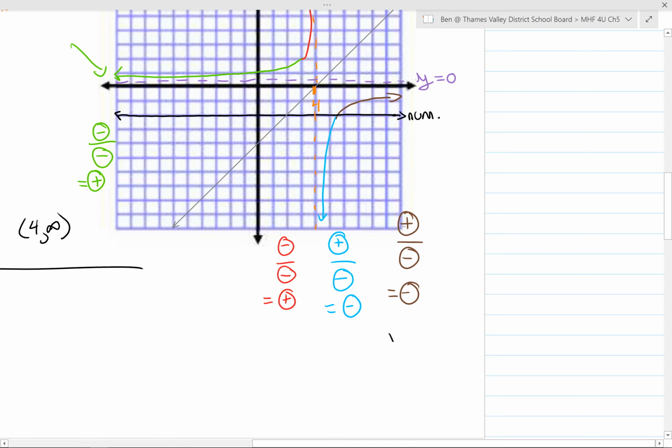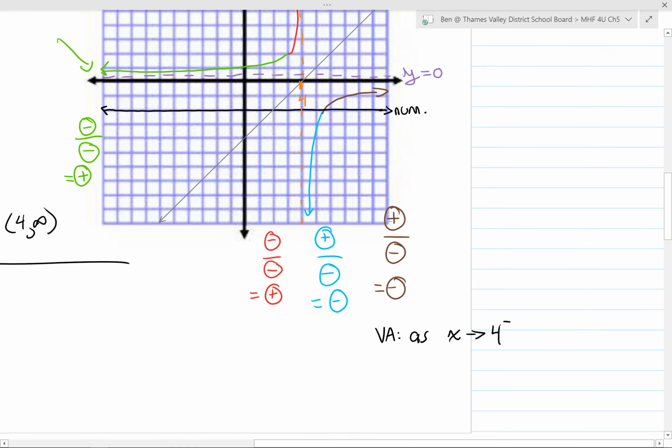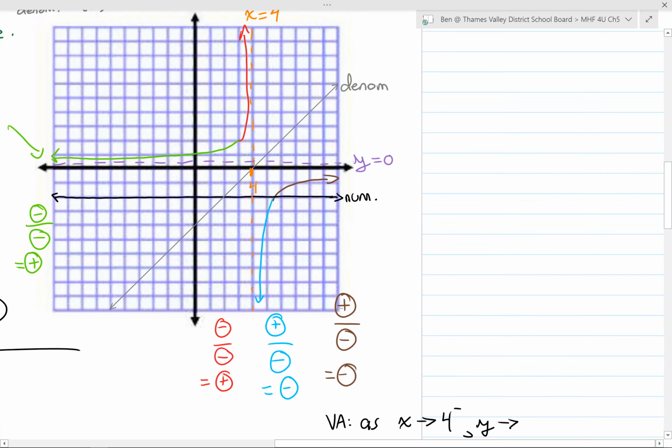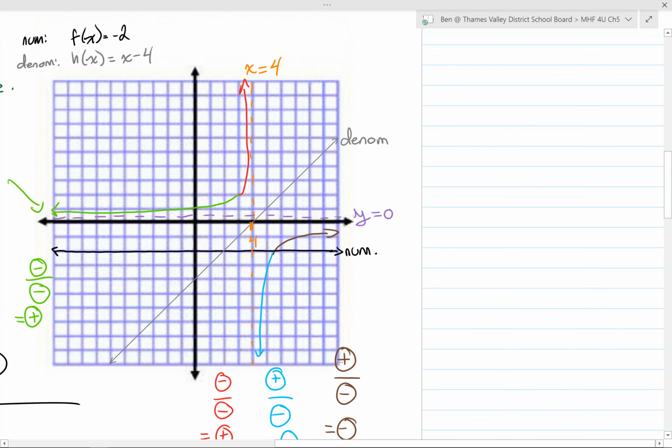Okay, so we can analyze this vertical asymptote, and we can say, as x approaches my vertical asymptote, which is in this case 4, and I'll say here from the left, right? So we've practiced this notation before. As x approaches 4 from the left, what does y do? I'm getting closer and closer and closer to 4. My y values absolutely skyrocket there, right?